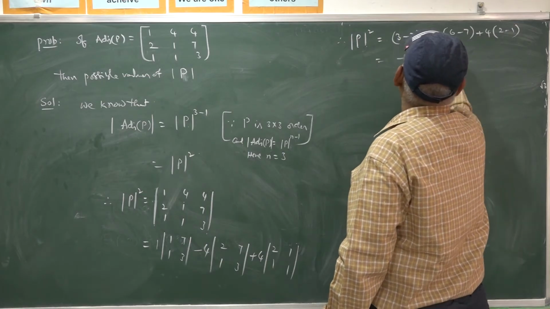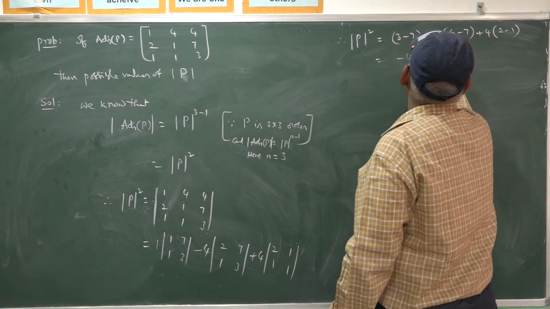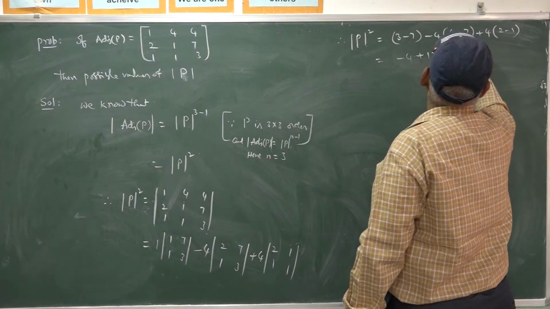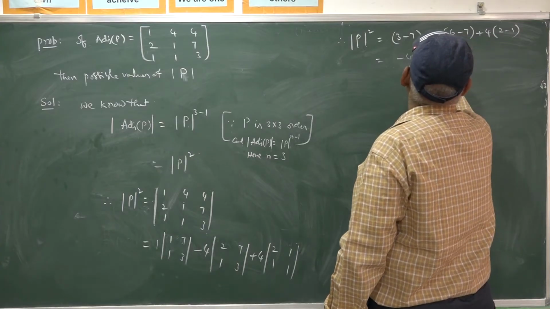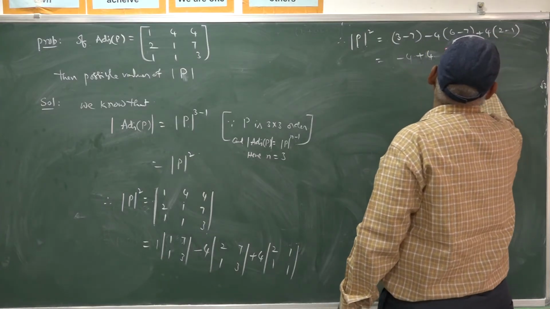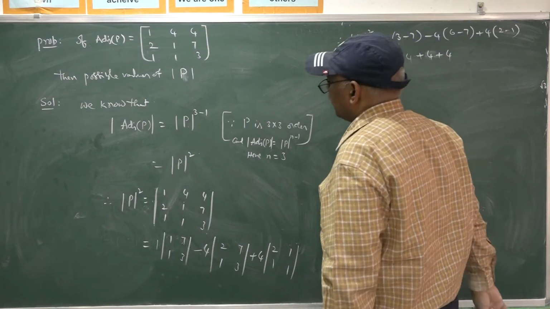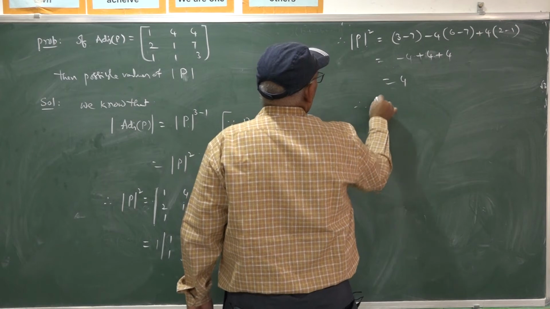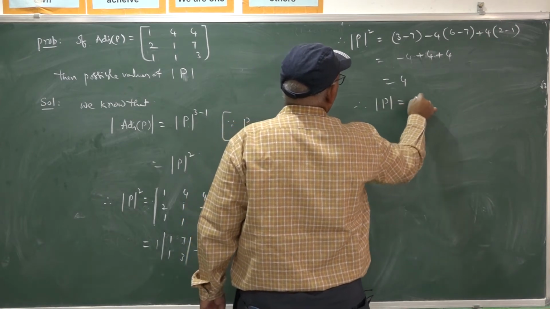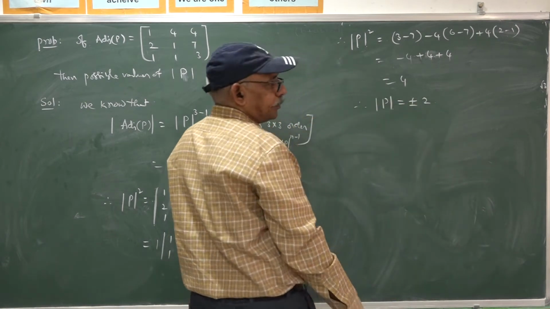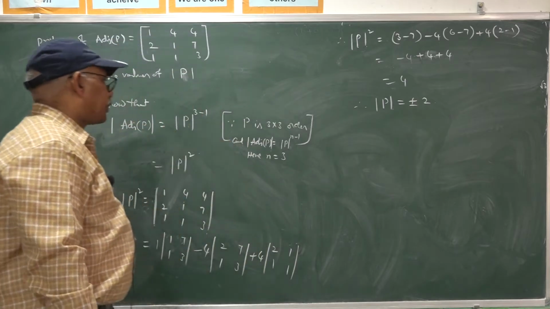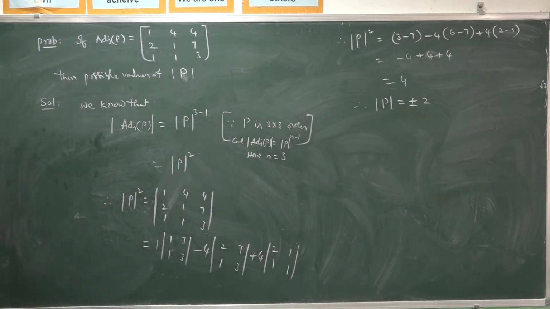That is minus 4, plus 4, plus 4, so 4. Therefore, the determinant of P is plus or minus 2. Plus 2 or minus 2.